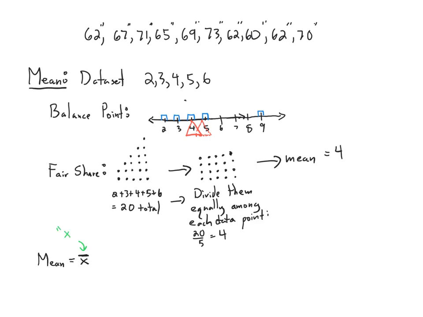It's called x bar. What we're going to do is take the sum of the data points and divide by the number of data points.